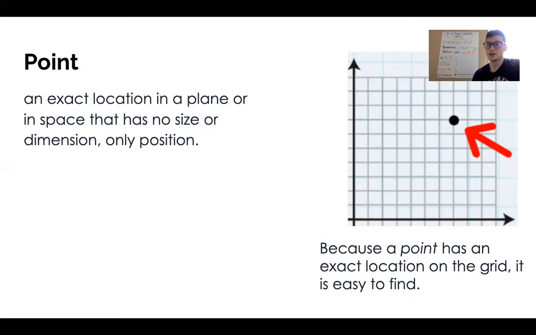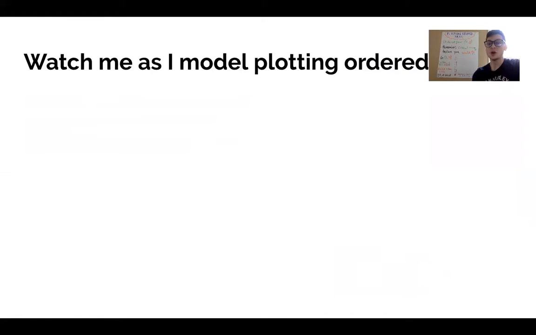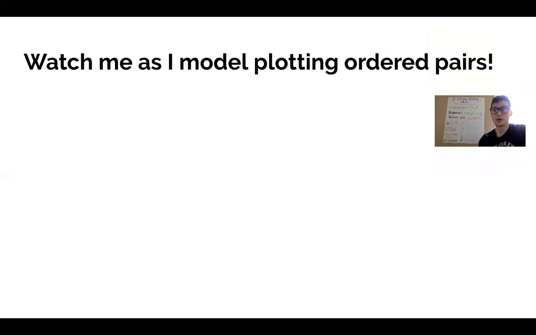Because a point has an exact location on the grid, it's easy to find. Our goal today is to learn to plot the points. Our goal next week in lesson 3 will be to look at a point and determine what the ordered pairs will be. So I'm going to model this process for you now.